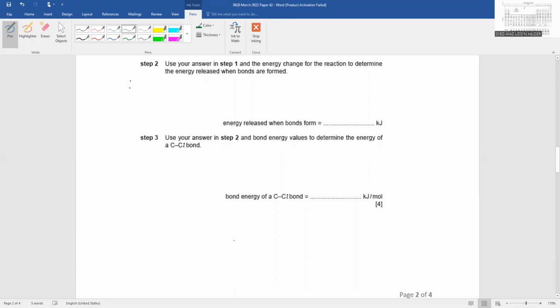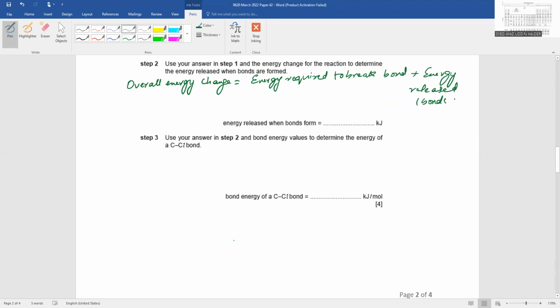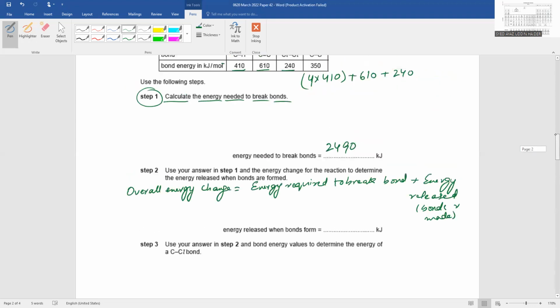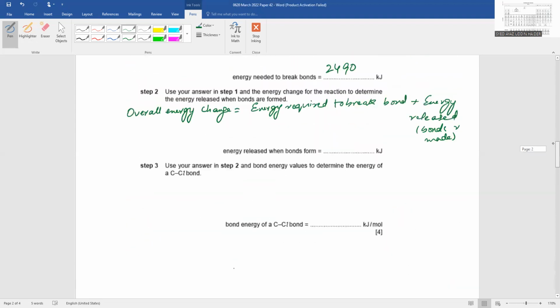The overall energy change is equal to the energy required to break bonds, which we have already calculated, plus the energy released when bonds are made. We need to calculate this. So what is the overall energy change? It's given here. The sign is also minus 180. We'll write minus 180 here.